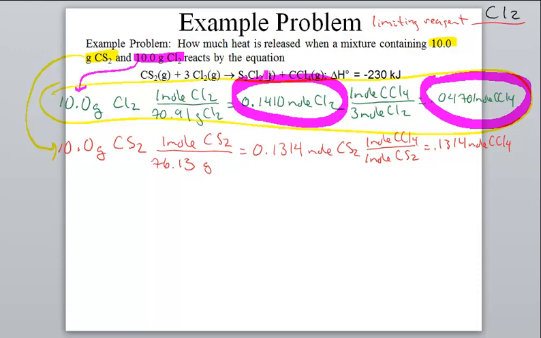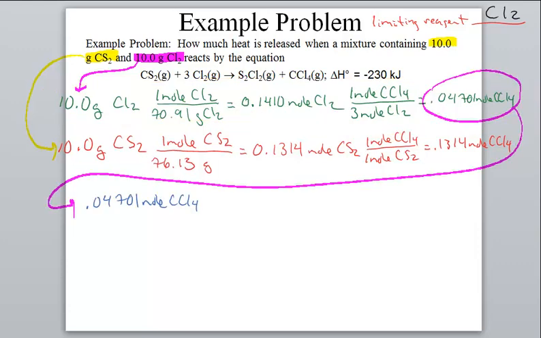When I do it, I'm going to show it both ways. My first one, I'll start with the product. We know that 0.04701 moles of carbon tetrachloride were formed. And we know from the chemical reaction that for every 1 mole of carbon tetrachloride formed, 230 kilojoules of energy is released.